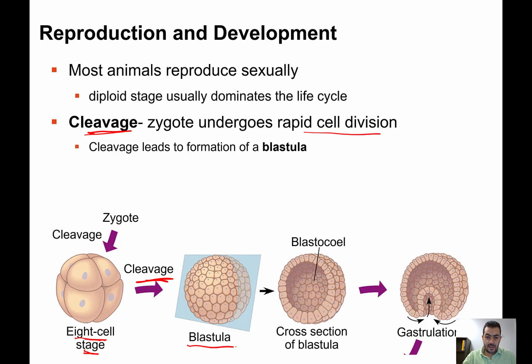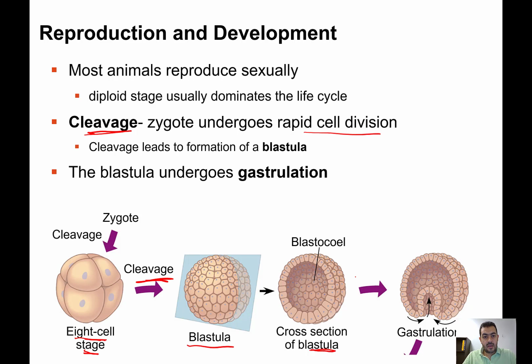If we take a cross section of the blastula, we will see it like that, a hollow ball of cells, and this blastula is composed of one layer of cells. Then the blastula will undergo gastrulation. What is happening here, as you can see in this figure, is the invagination of the blastula.